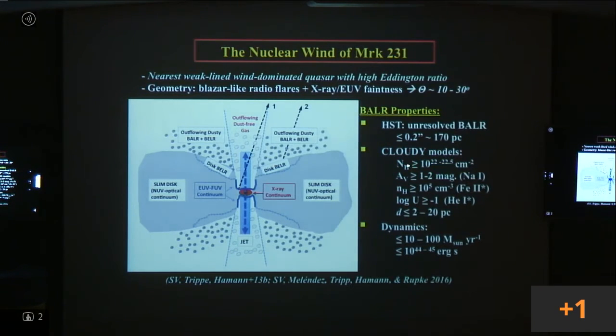These are the sort of numbers that Fred also mentioned. It's basically the same models that we run. Column density, A_V in the clouds, so that we have sodium of order 1 or 2. These columns are not quite as extreme as what Fred was mentioning. Ionization parameter. And so we're able to put a constraint on the distance of these clouds.